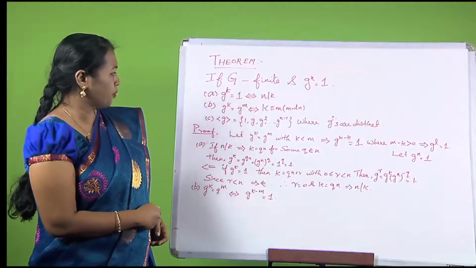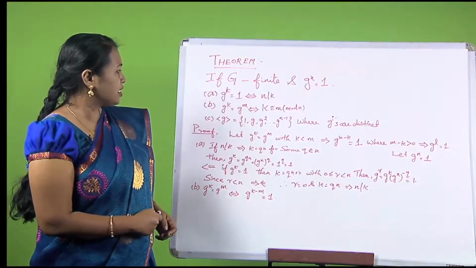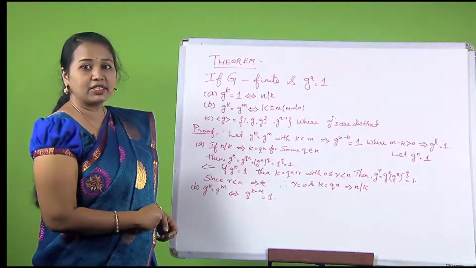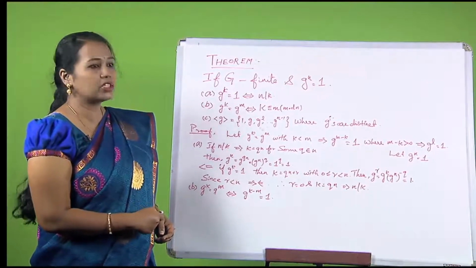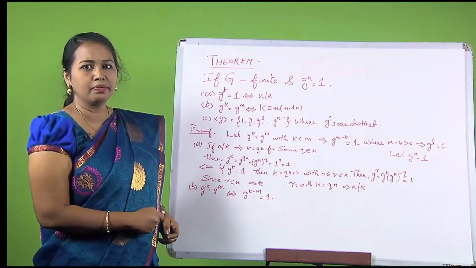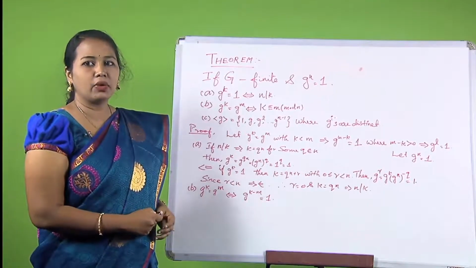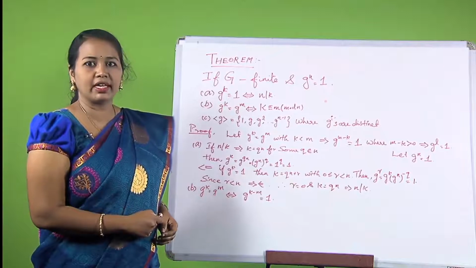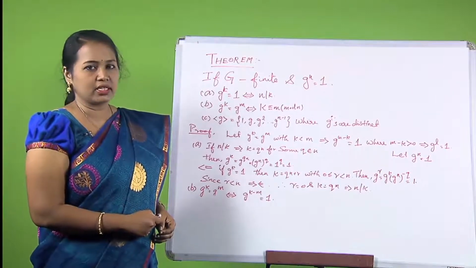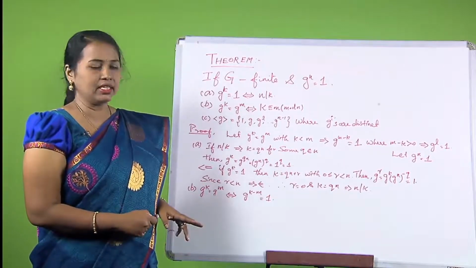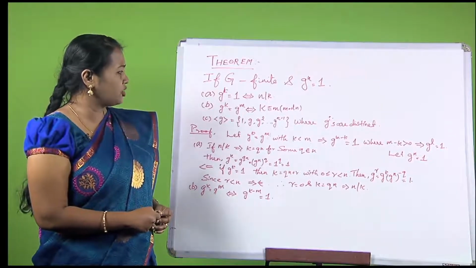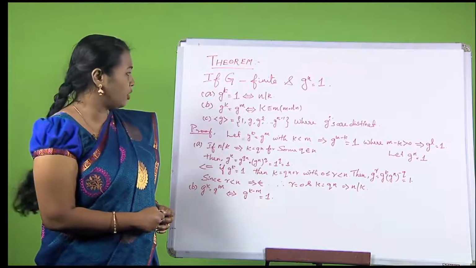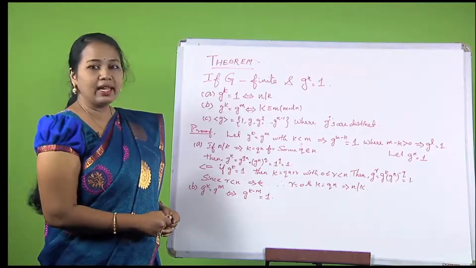Now, let us see the proof. Since we say that the group generated by g is finite, the powers g, g squared and so on are not all distinct. Suppose they are not distinct, then you can find elements g power k and g power m such that they are equal, with k less than m.